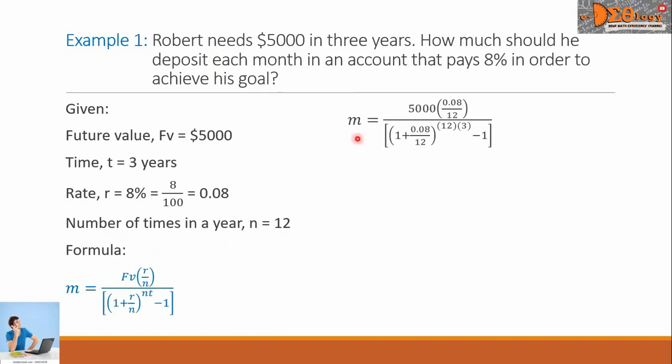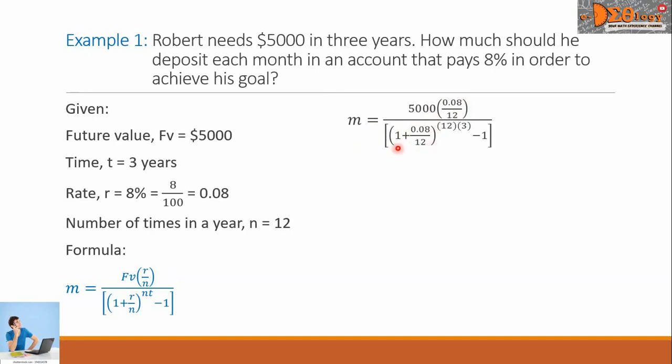So we can see here that M equals, in our numerator, FV is now 5,000 multiplied to the fraction R over N, 0.08 over 12. So this fraction here is the same fraction that we will write in the denominator at this portion.